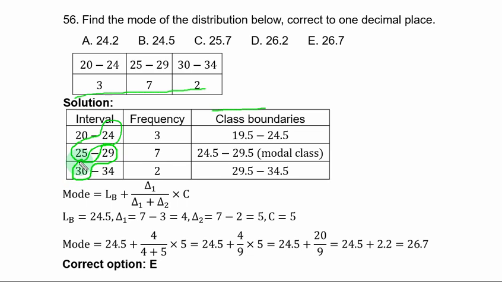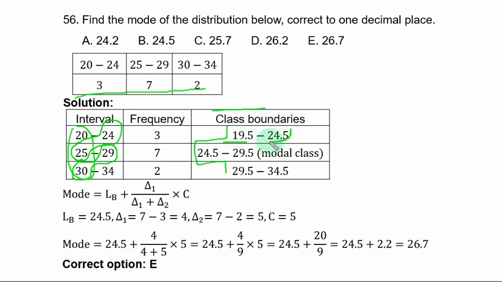The difference is 1. Divide by 2, you have 0.5. To get the lower class boundary, you subtract the boundary value from the lower class limit. So 20 minus 0.5, you have 19.5, and so on.